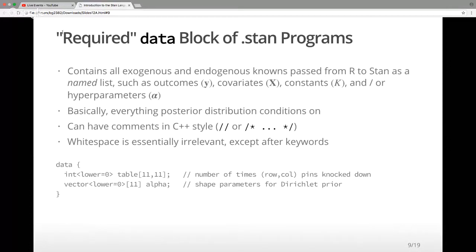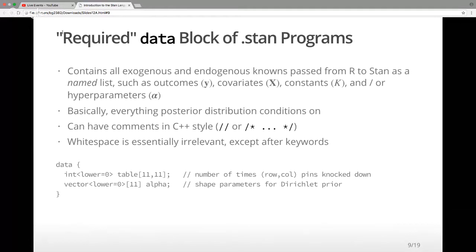So an example of a data block, albeit a short one: here we have an integer array. These are going to have a lower bound of 0. And this is going to be my table. It's 11 by 11 of how many times a person knocked down this number of pins on the first roll, and this number of pins on the second roll of a frame of bowling.